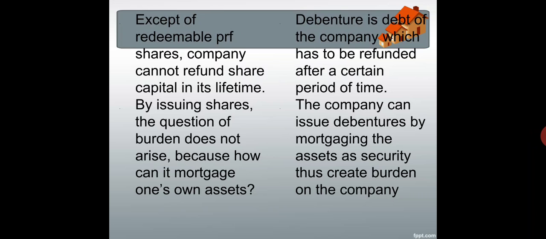In preference shares, the right to receive dividend and refund of capital at the time of liquidation of the company, before equity shareholders are paid off, is known as preference shares.